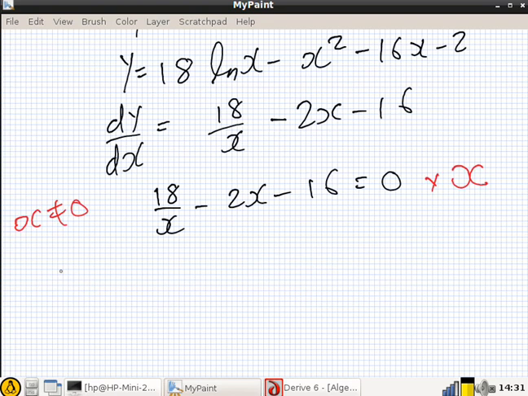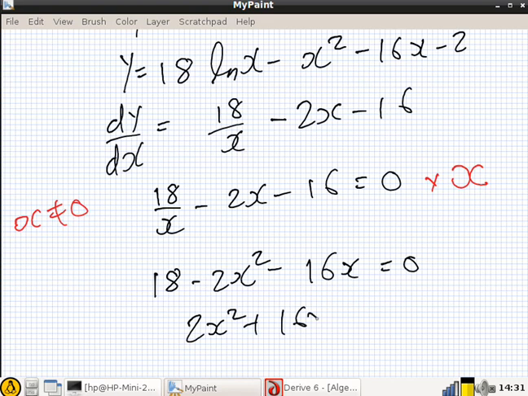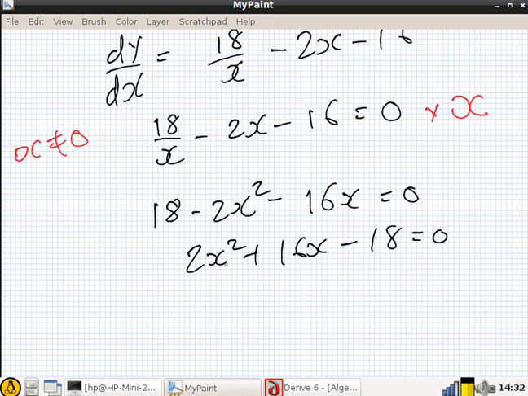We're not allowed to do this if x is 0. So if we get x as 0 as the answer, we have to investigate further. There might be some problem, but I don't think it will happen here. So we get 18 minus 2x squared minus 16x equals 0. So I get 2x squared plus 16x minus 18 equals 0. So I get x squared plus 8x minus 9 equals 0.